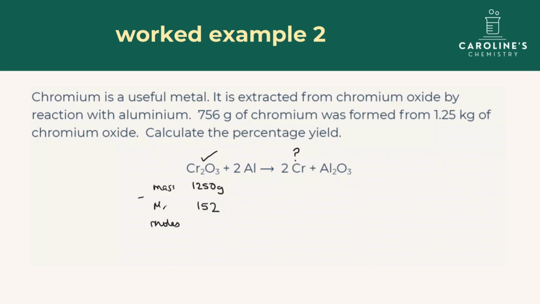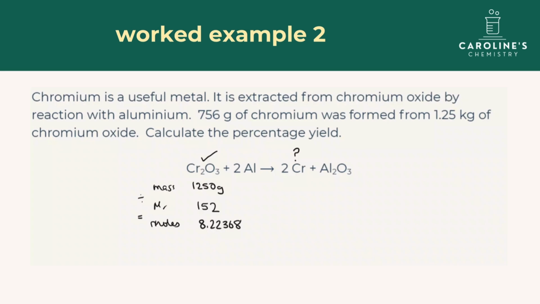In order to work out the moles, we do mass divided by Mr is equal to moles. And that gets us to 8.22368. At this stage, again, I'm not going to round. In fact, I'm going to keep the whole number in my calculator if I can, in order to avoid a rounding error at the end.